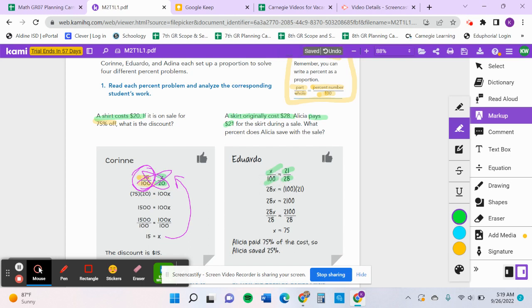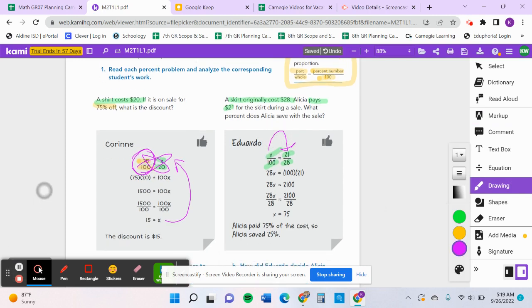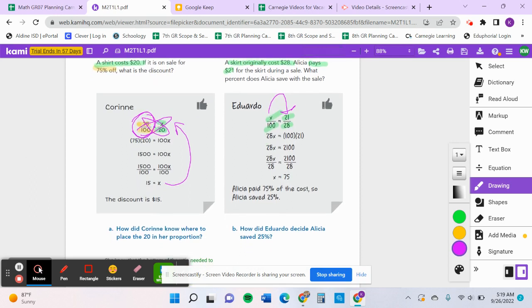So that X is going to then give us the percent that she paid. When you cross multiply and divide, you get X is equal to 75, which represents 75% that she paid. So she saved 25%.